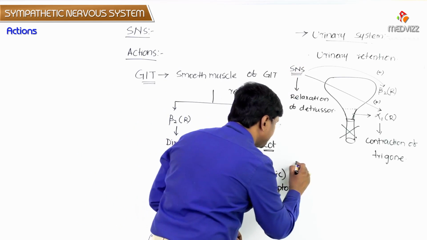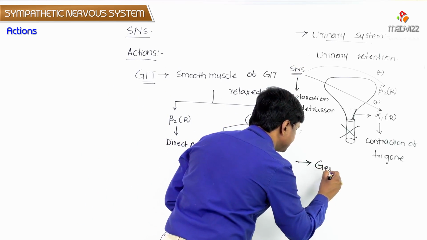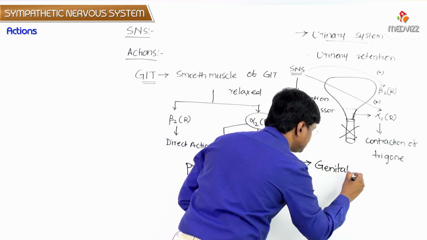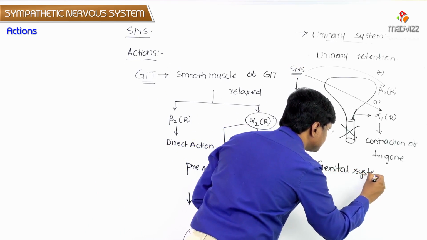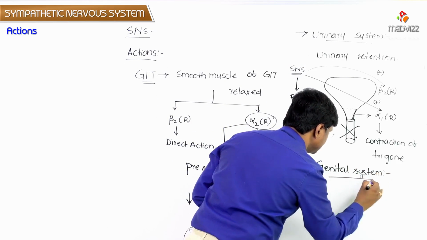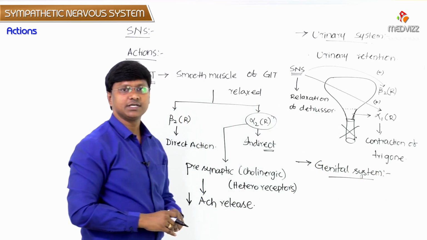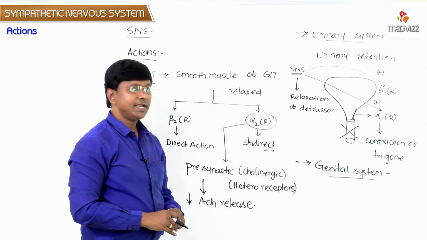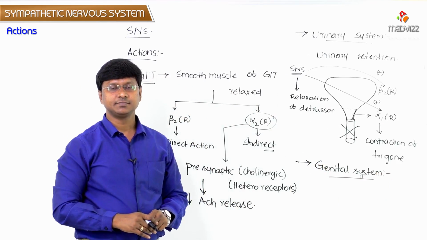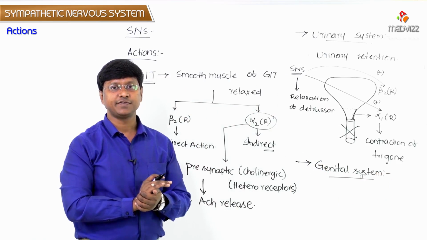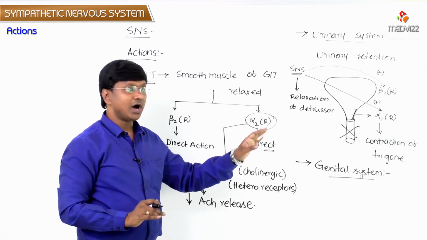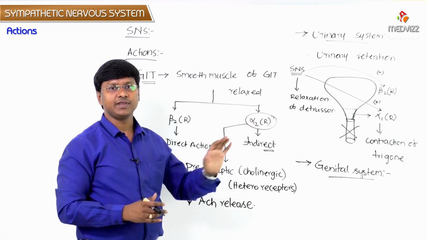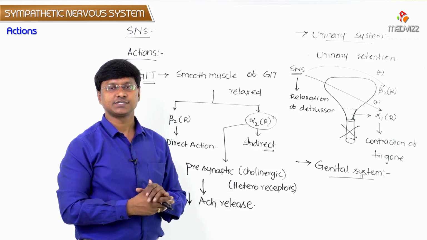Next, let me take up the genital system. Now, in the genital system, for example, you take a pregnant uterus. On a pregnant uterus, what we have is the beta 2 receptors.